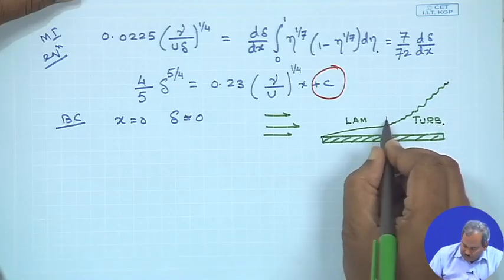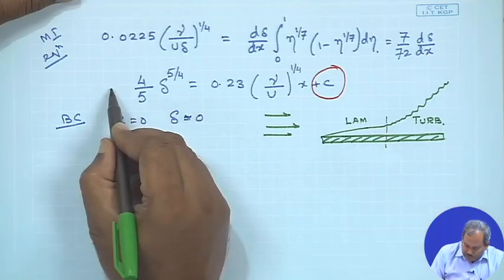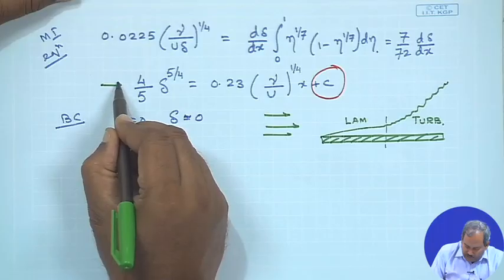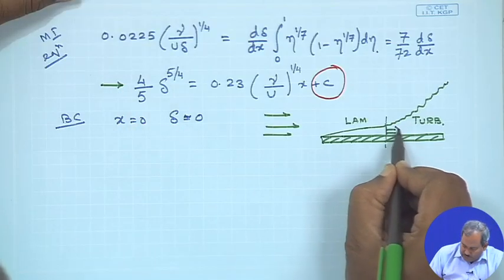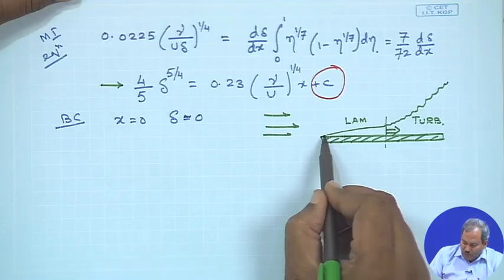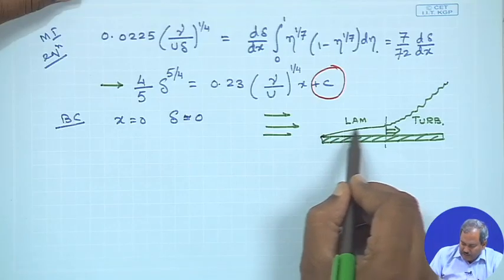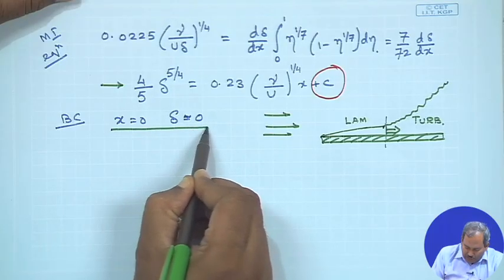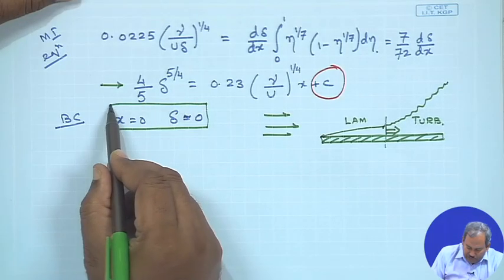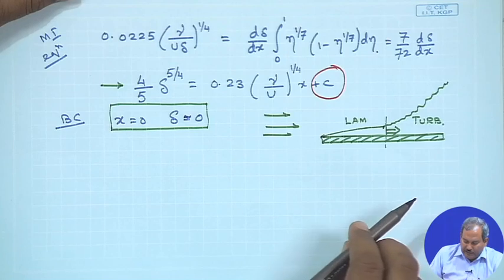So, therefore, the governing equation that we have obtained is valid for this region. On this side, I still have laminar flow. So, normally I would not be able to use the boundary condition that at x equals 0, delta equals 0.